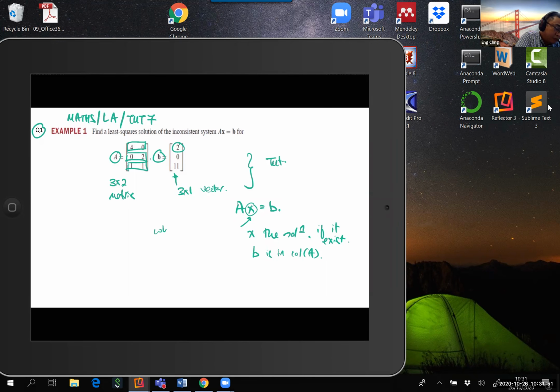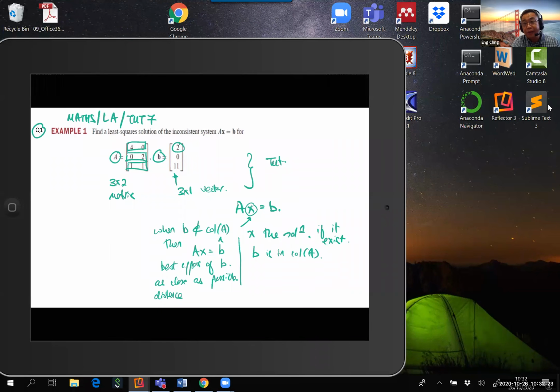When B does not belong to the column space of A, we will never have AX equals B. Instead, we have AX equals B hat, some best approximation of B. Here, best approximation means as close as possible, which basically means some distance, and the distance we typically measure is the Euclidean distance.